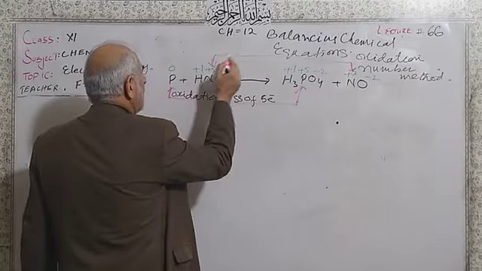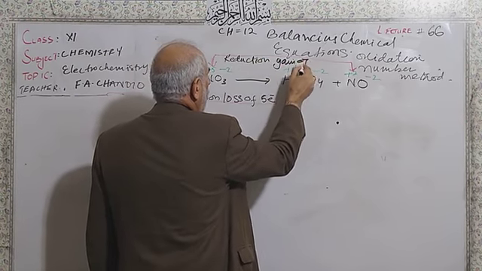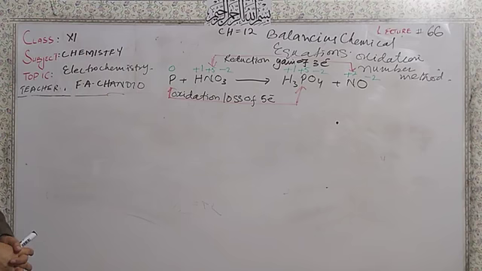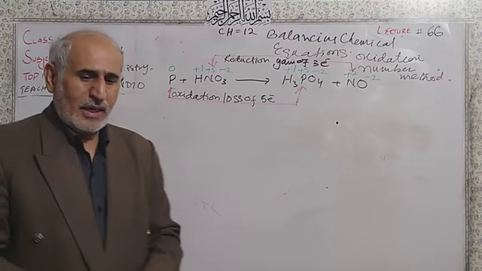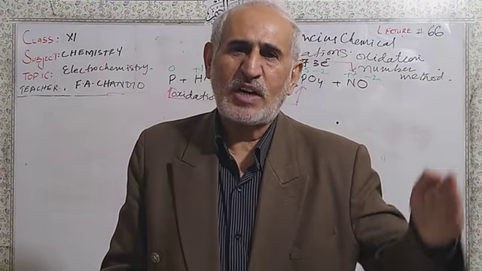So this is the reduction, and this is the gain of, take a difference of these two, plus 5 changed into plus 2, so 3 electrons. So this is the gain of 3 electrons, this is the reduction. Then if you want to write these two in the half cell reaction, this is good, you can understand.